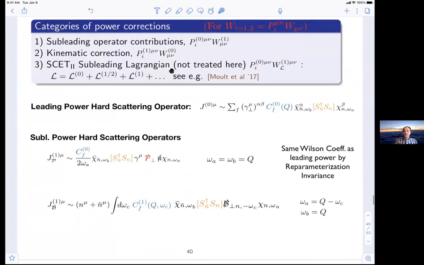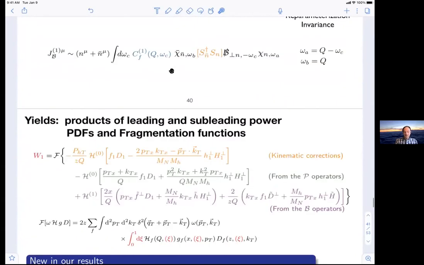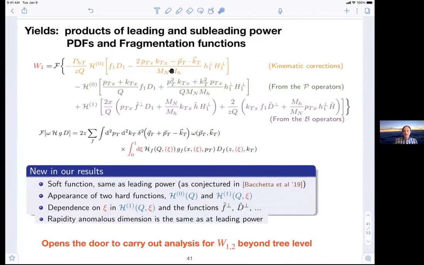Basically the way it works in SCET is that you start going through and thinking about subleading power operators, and you have two types, ones with an extra p perp or ones with an extra B perp, in addition to your chi field, going beyond the chi bar chi of the leading power operator. And I'm a bit short on time, so let me jump to the punchline. What you get from doing this factorization is products of PDFs and fragmentation functions, leading and subleading power, one of them leading, one of them subleading, or vice versa.